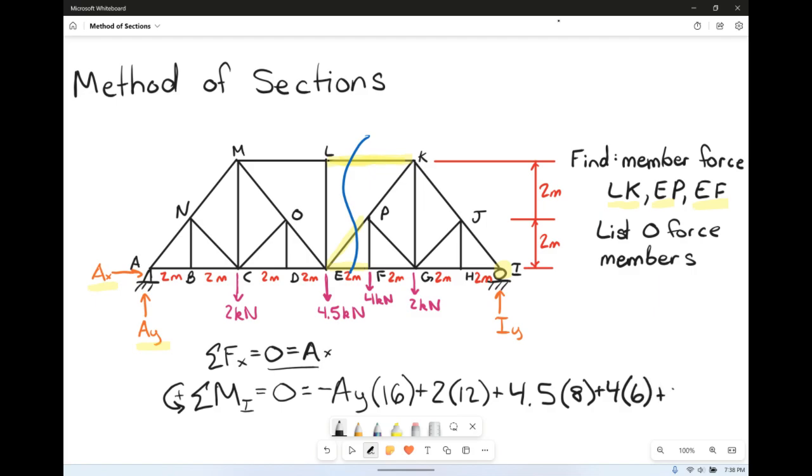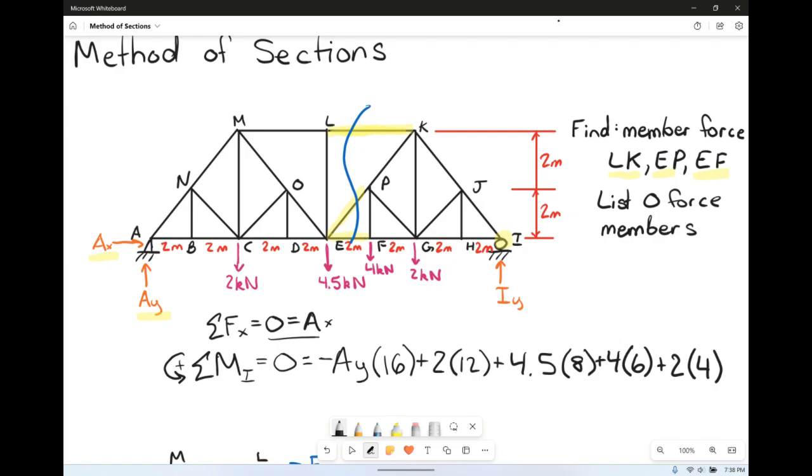And lastly, a positive 2 kilonewtons times 2, 4 meters. Okay, a lot of meters there, a lot of forces. So we're going to find that AY is equal to 5.75 kilonewtons in the positive direction.